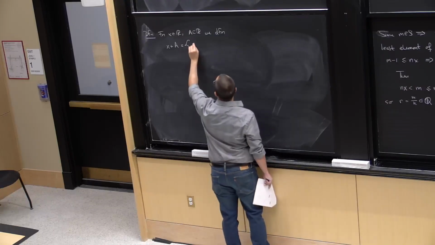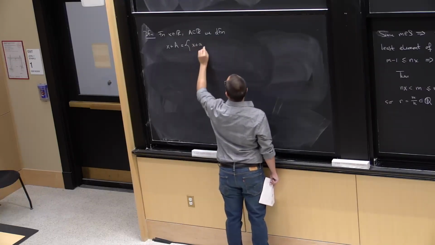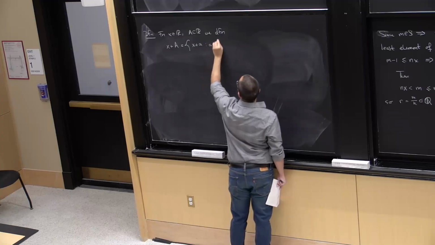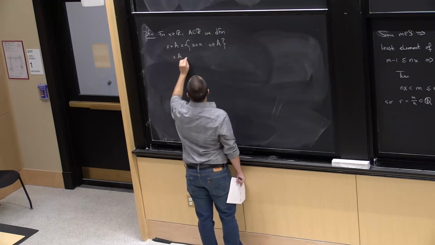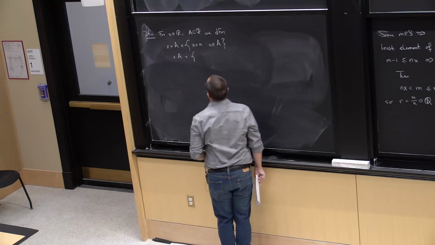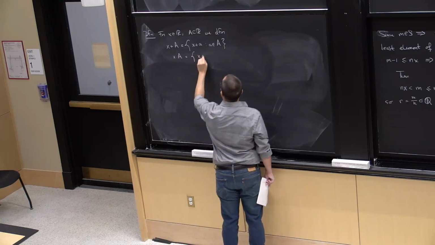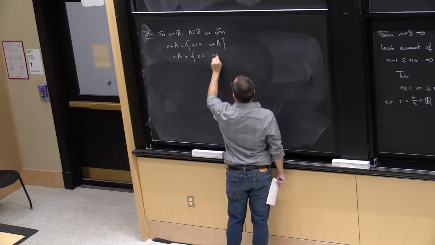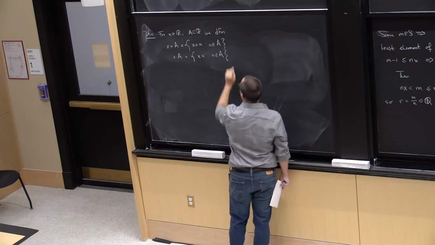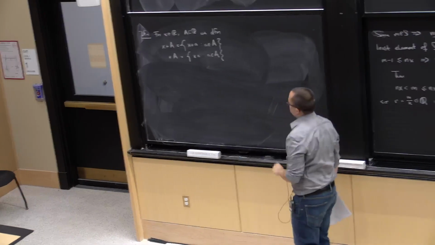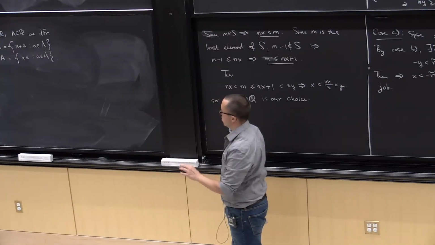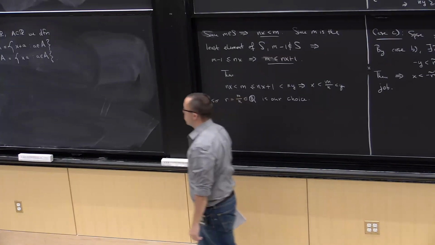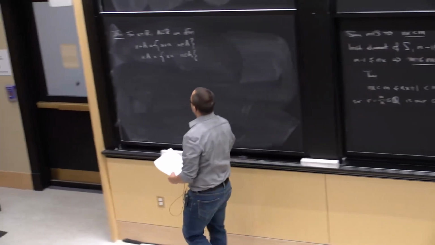So this is the set of all elements of the form x plus little a, where little a is in capital A, and x times A. This is the set of all elements of the form x times a, where a is in capital A. From now on, until almost the end of the course, we're working with subsets of the real numbers, so these things, plus and multiplication, are meaningful.